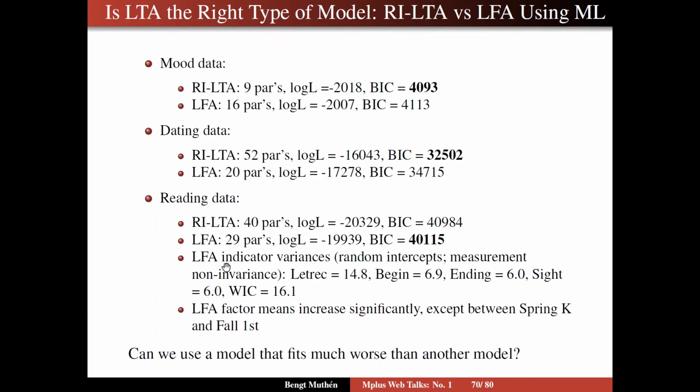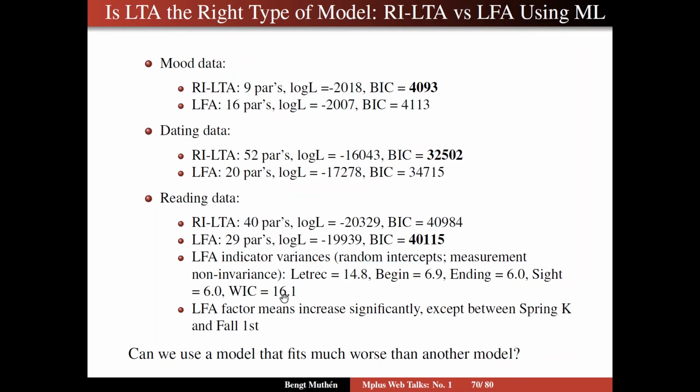Now for the LFA, you can look at then the indicator variances, the random intercept variances, which reflect the measurement non-invariance across individuals for the 5 different binary indicators. So letter recognition has a large variance component relative to beginning sounds and ending letter sounds and sight words, whereas words in context is also having a large variance component.